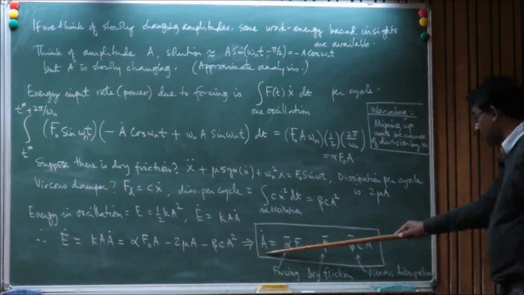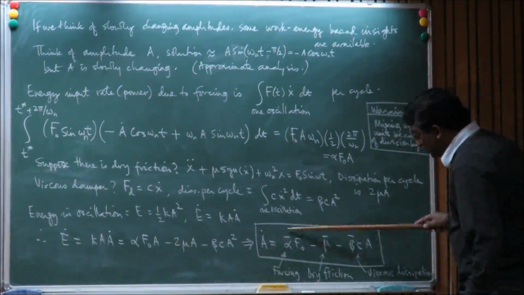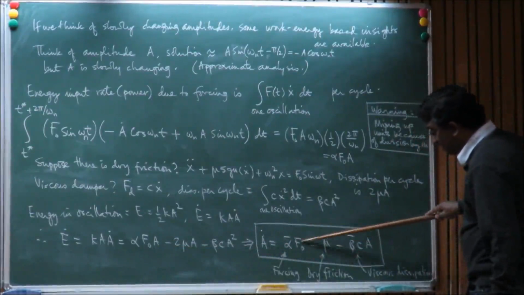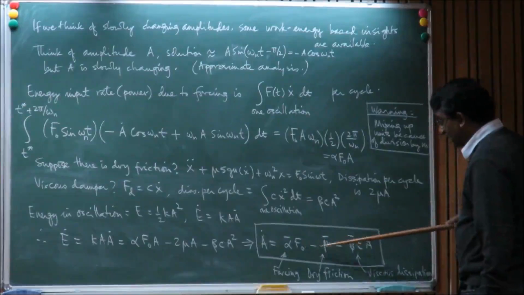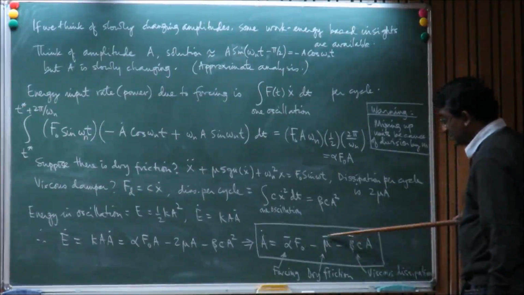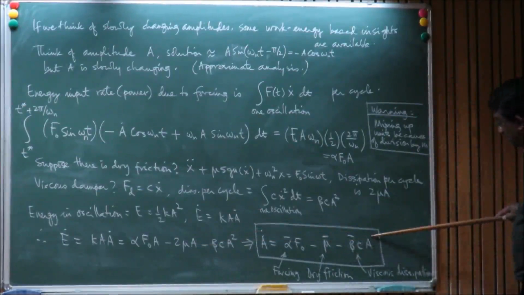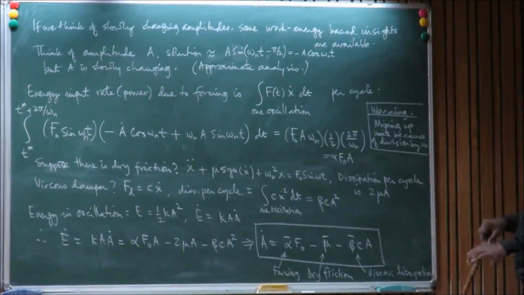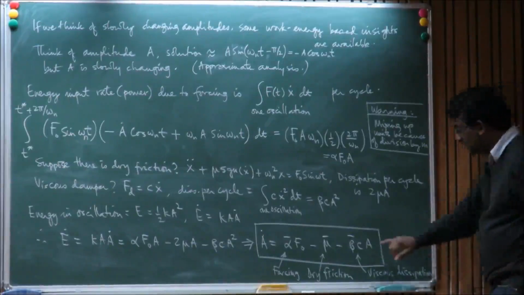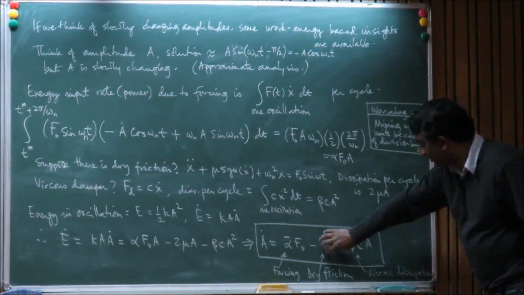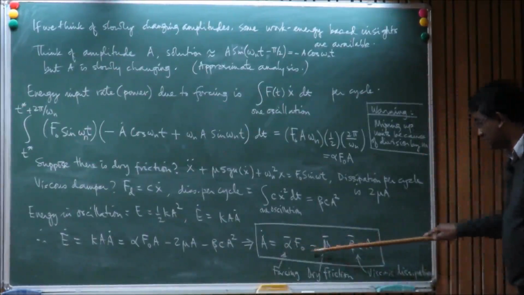This gives us an equation of this type. A dot is some constant proportional to the forcing amplitude, minus another constant proportional to the dry friction coefficient, minus this term linear in the amplitude due to the viscous damper. Suppose there is no dry friction, this is easier.